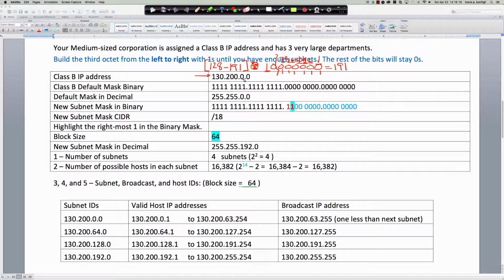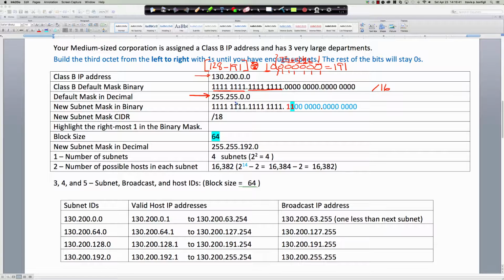So 130.200.0.0, that's the subnet that we're given. The default mask, again, is a /16, right? So the first 16 bits in this Class B subnet are reserved for network bits, and this is our dotted decimal notation, 255.255.0.0.